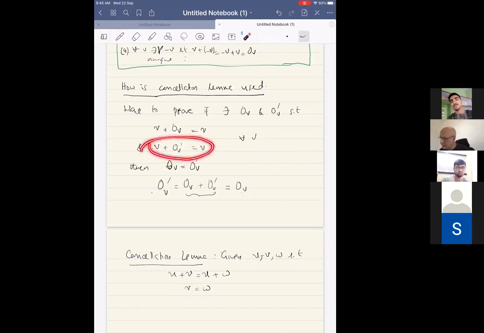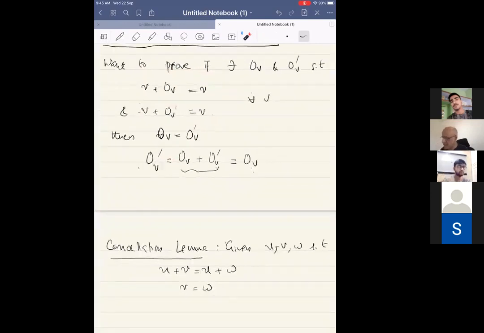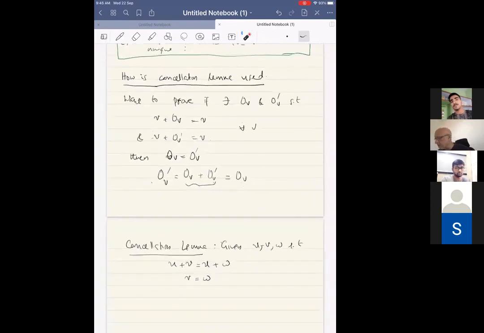Using this, you see this equality. Now, using this, you see this equality. So this guy in the middle is equal to both 0v prime and is equal to 0v. Therefore, 0v prime is equal to 0v. That's all. Got it.